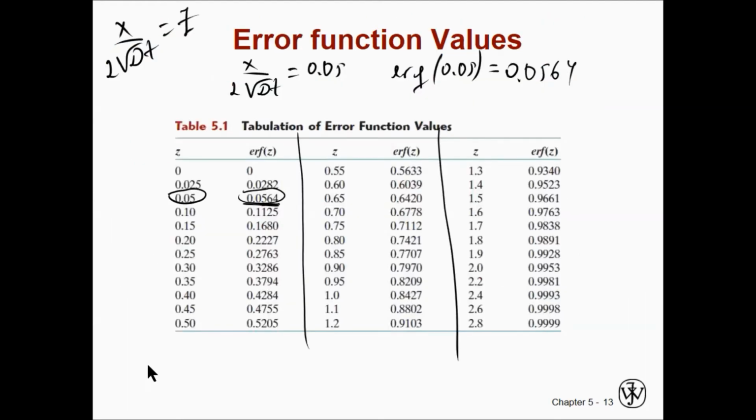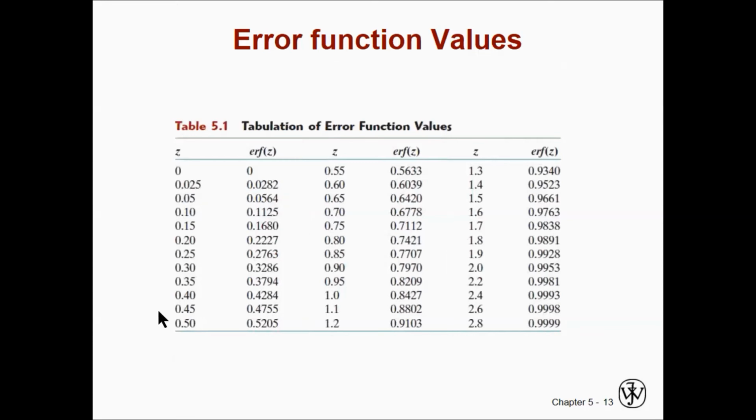So here I will erase everything on this slide. Okay. So my value is error function z equals 0.4211. Now let's search. I will be looking here, searching for this value. I see that I don't have the exact value.